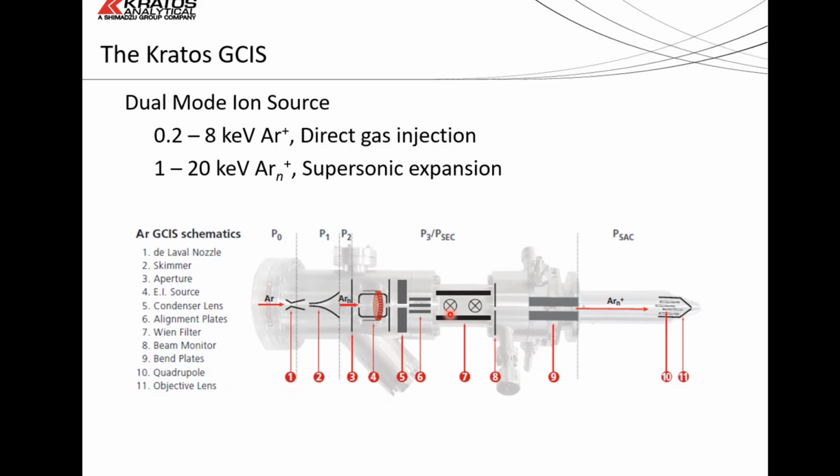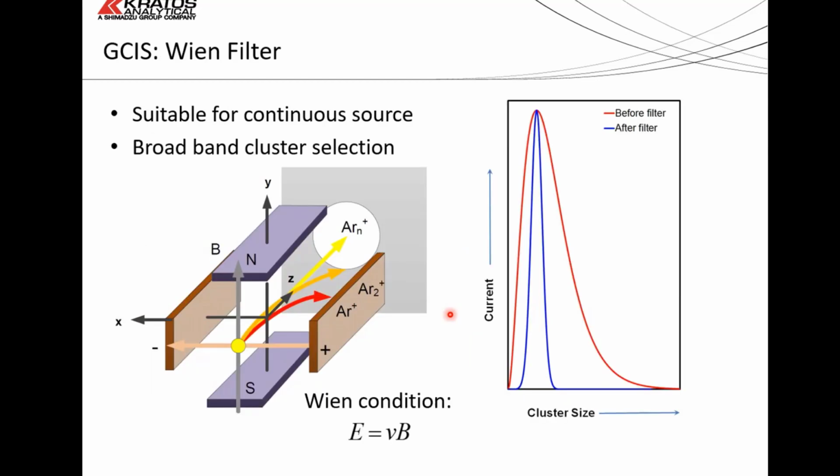It also allows you a degree of mass selection. Following the Wien filter, they're passed down through an electrostatic bend to filter out all metastable atoms, and then finally focused and demagnified onto the sample as for a noble gas ion source.